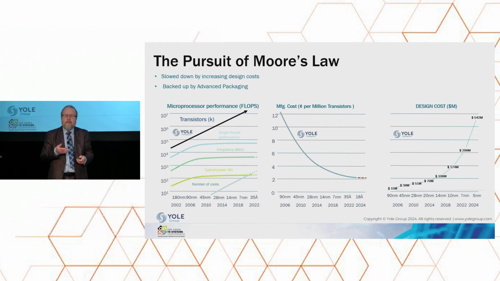But none of these things are progressing, or they're reaching limitations in progressing the performance value of the processor industry. So, from a manufacturing point of view, the cost of manufacturing a transistor has actually been going down over time. So this is sort of balanced out.